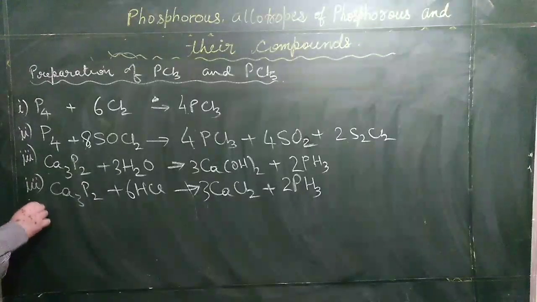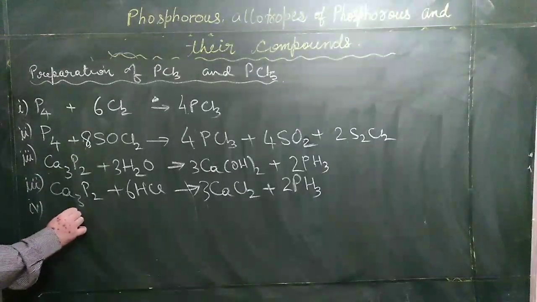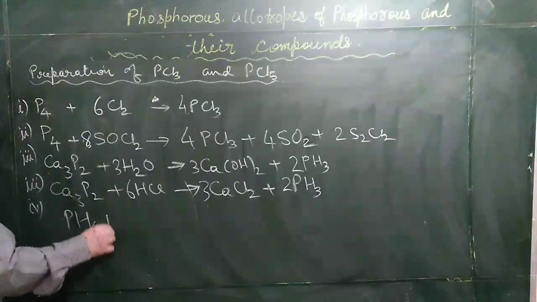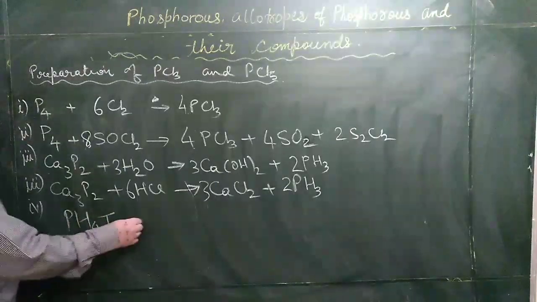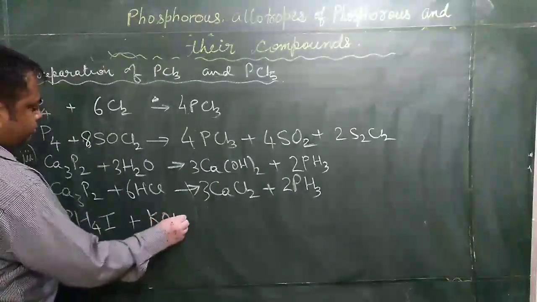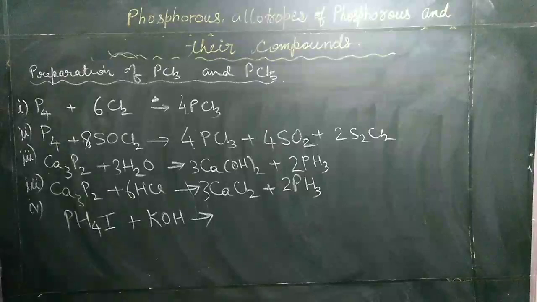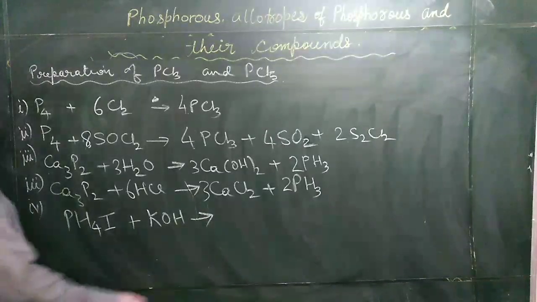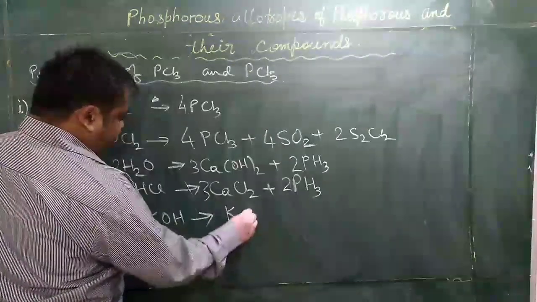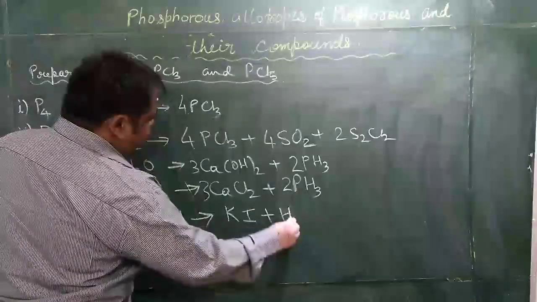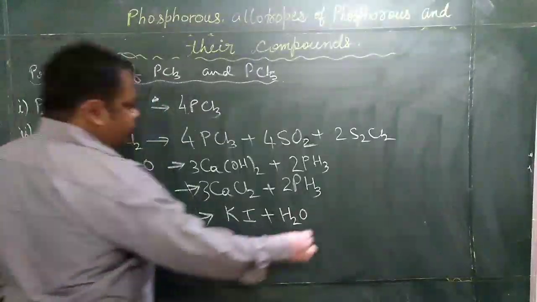Another way is we can take PH4I and treat it with KOH. It will form KI plus H2O plus PH3.